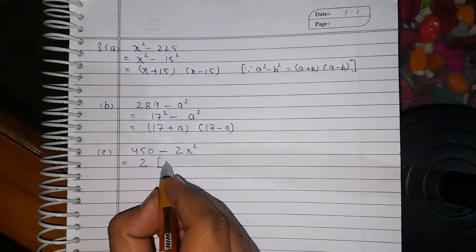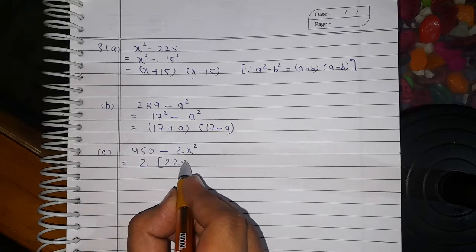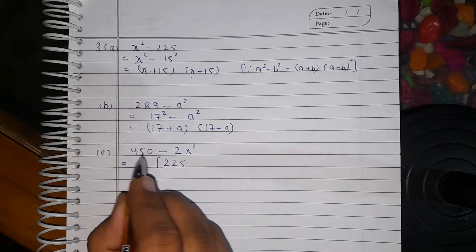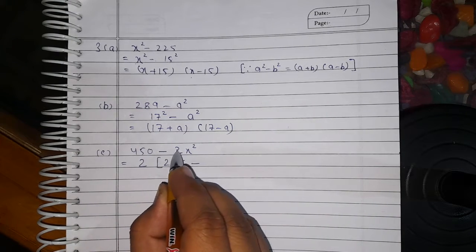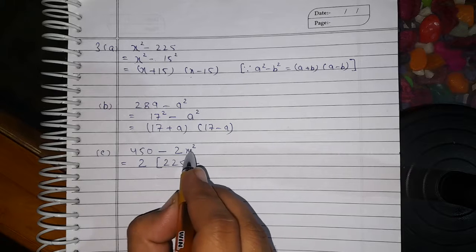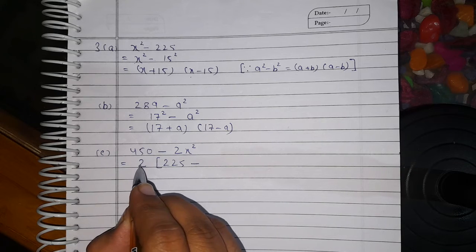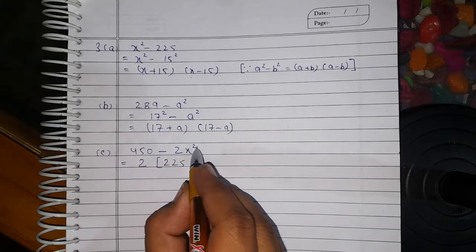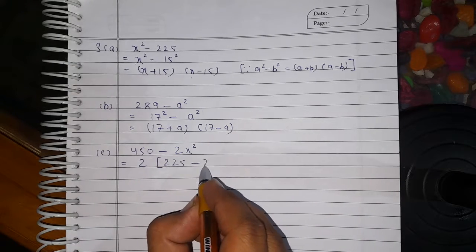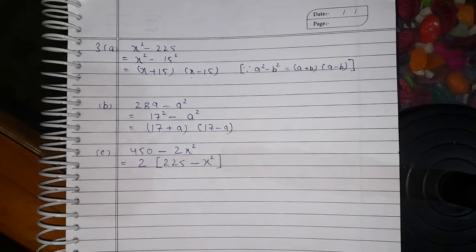So here it becomes 225, minus as it is, 2x square. The 2 of 2x square comes outside as common, so in the bracket only x square is left.